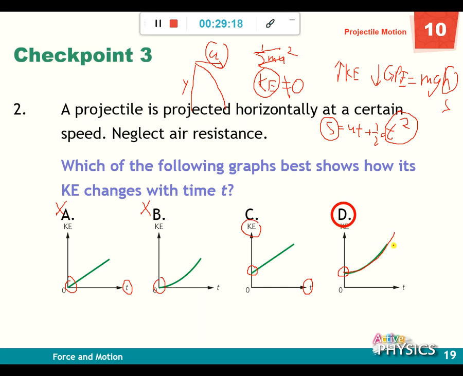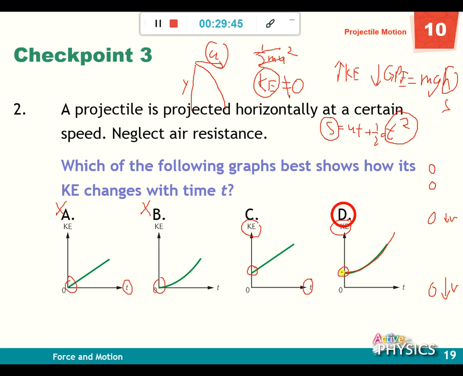And once again, you can see that KE is related to speed. Under free falling, the velocity should be increasing, but not linearly, it should be quadratic increasing.